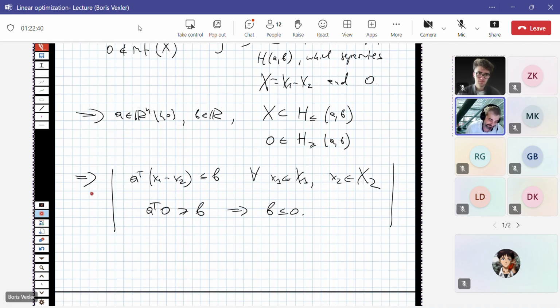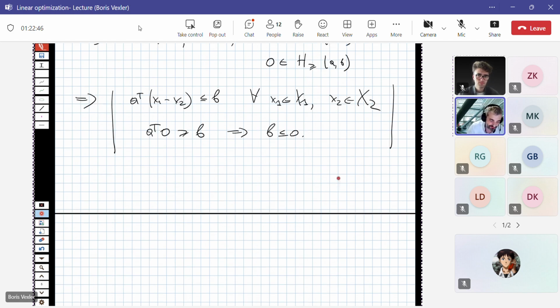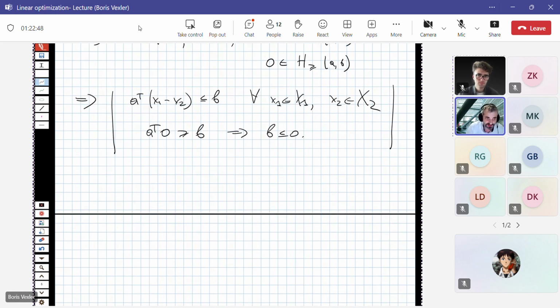Yes. Okay, now we have this, and now how to see that we have a separation of x1 and x2. This was a similar logic as in the theorem you mentioned. We have from this that A transposed x1 is less or equal than A transposed x2 plus B, for all x1 from X1 and x2 from X2.